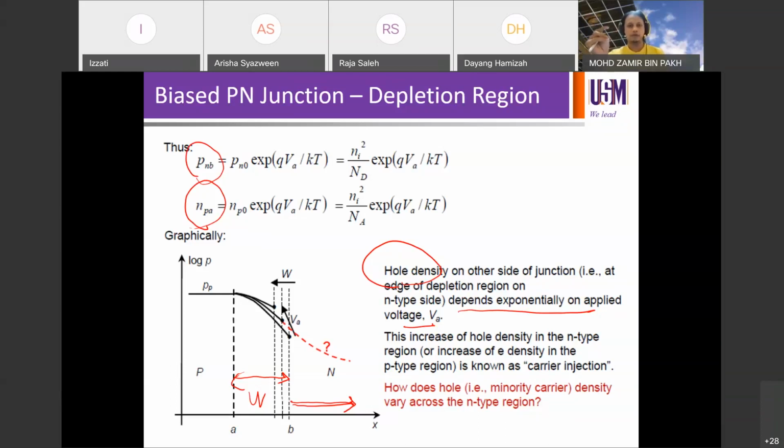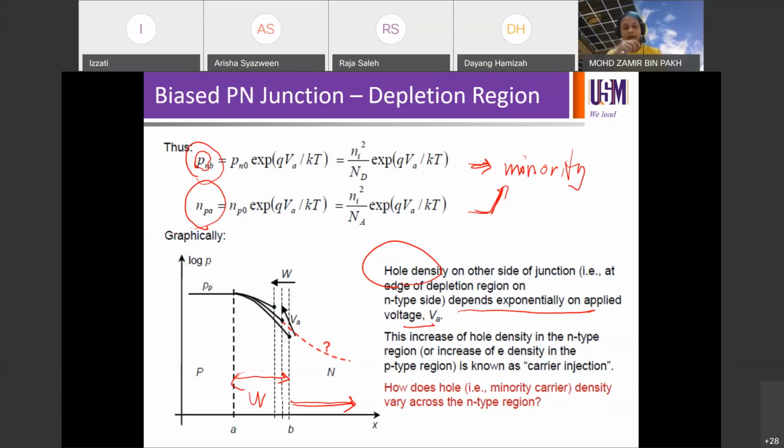PNB refers to the hole concentration in n-type material at point B. If you look at these two alphabets, PN or NP, it immediately tells you about minority carriers: holes in n-type, PN, and the same goes for the second one, NP, minority carriers in the opposite region.